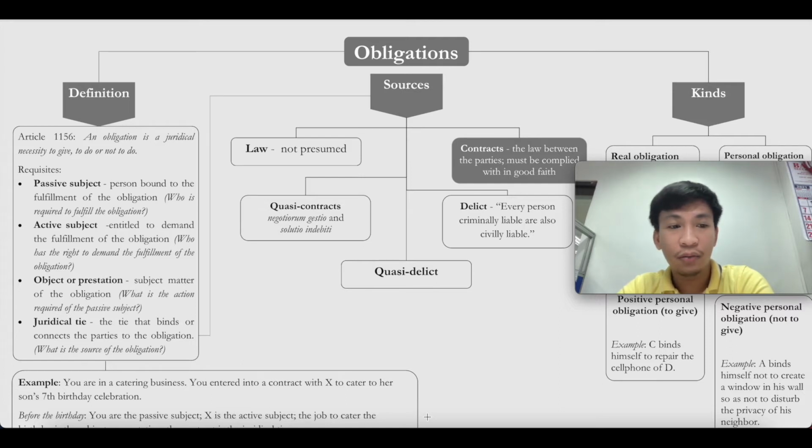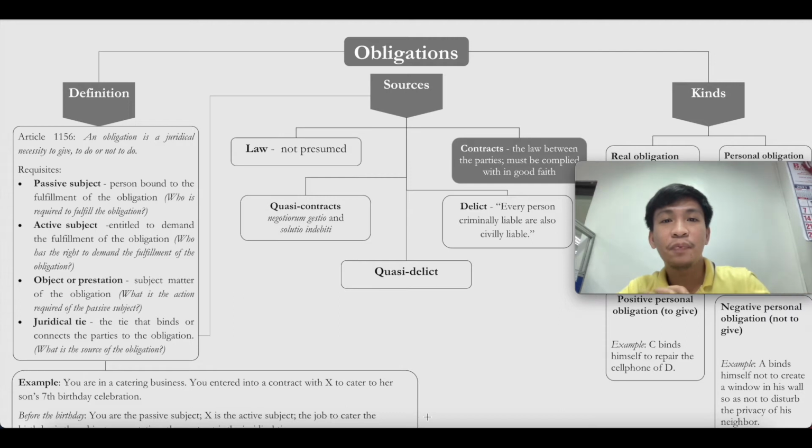So, in the object or prestation part of the requisites, we ask the question, what is the action required of the passive subject? Ano ang dapat gawin ni passive subject? That is basically the question when we say object or prestation.